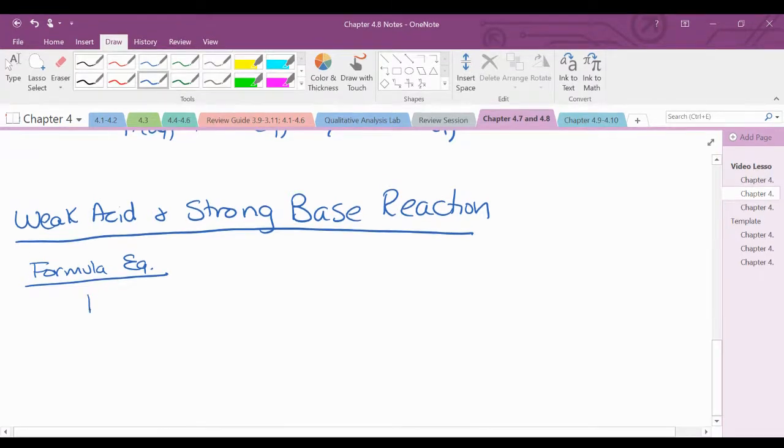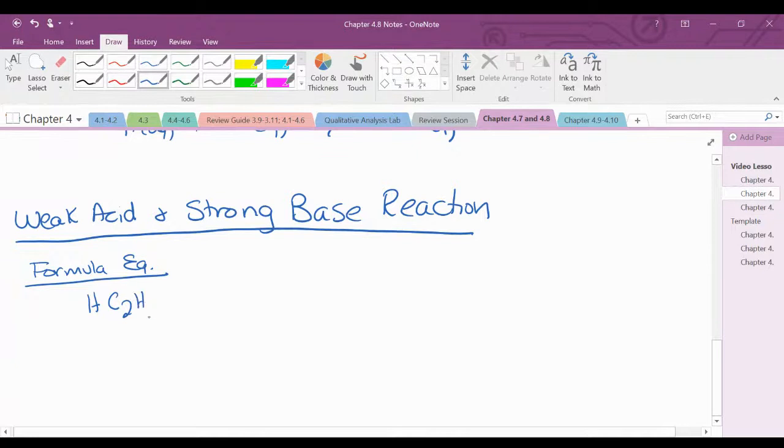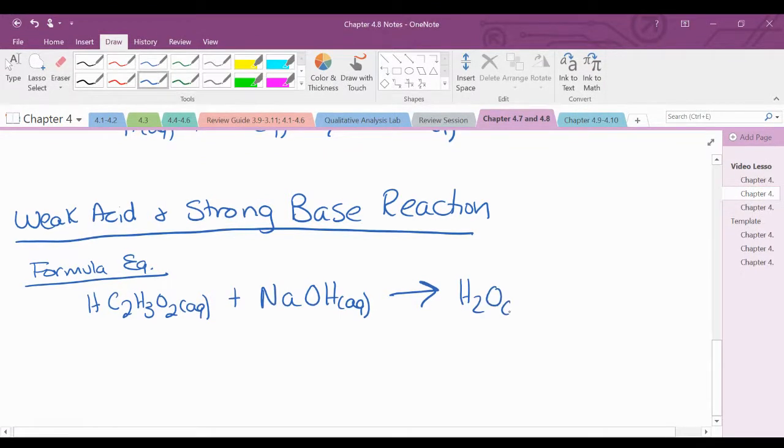It's a weak acid. It does not completely dissociate. Plus sodium hydroxide, a strong base. And that forms water and sodium acetate.